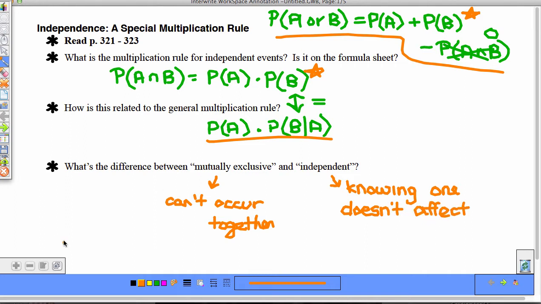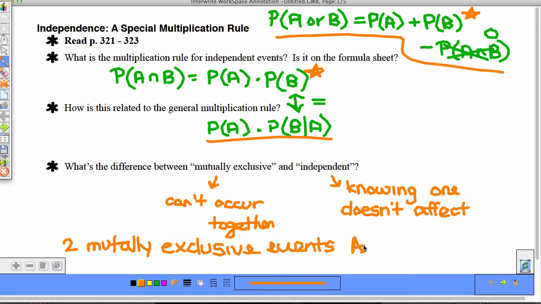except for the fact that two events that are mutually exclusive are not independent and will never be independent, because if I know that they're mutually exclusive, that means that if one happens, the other can't.